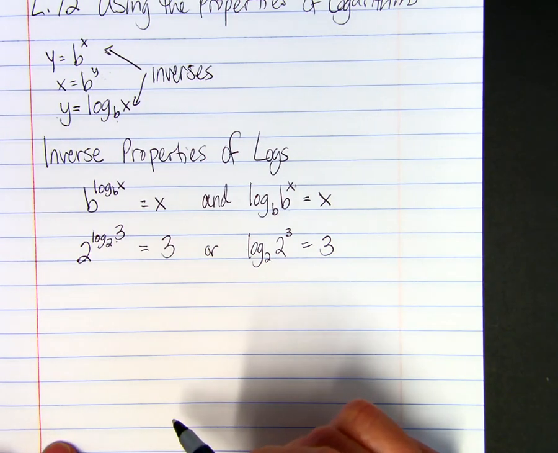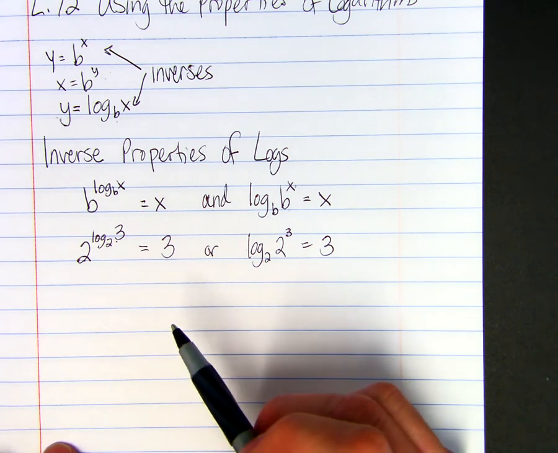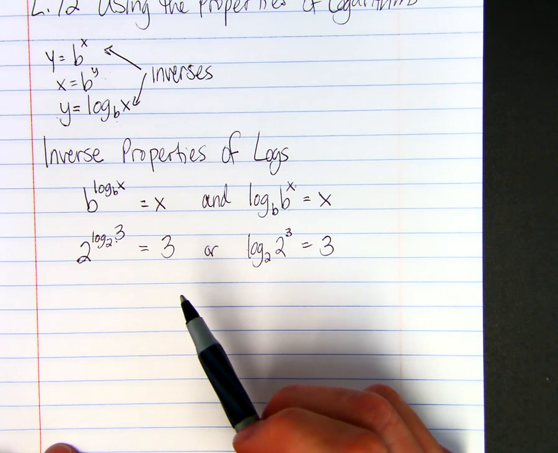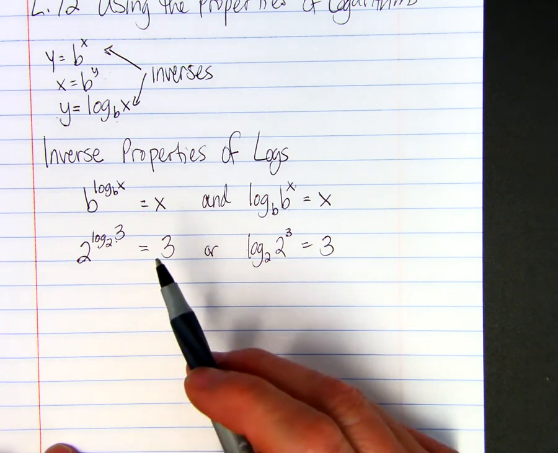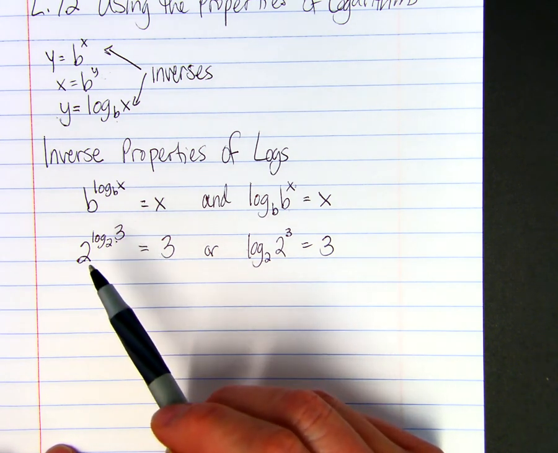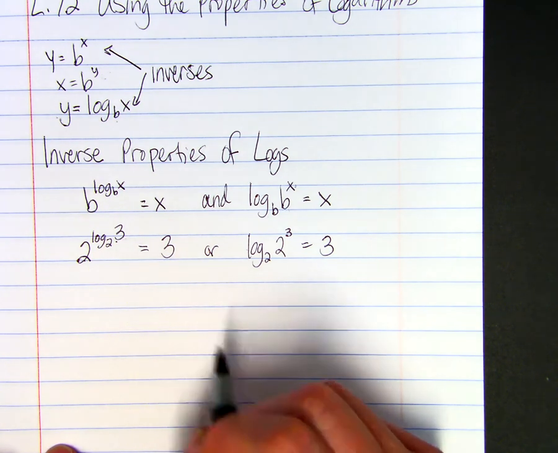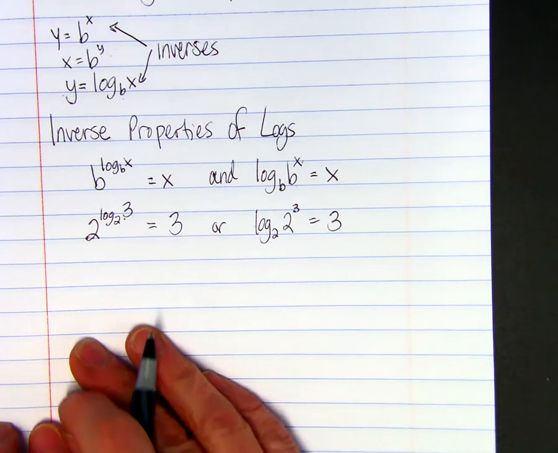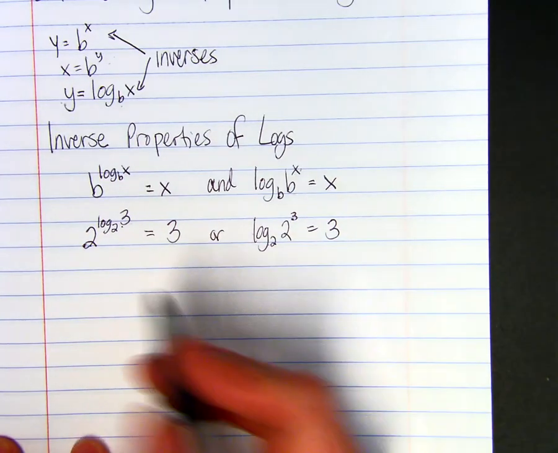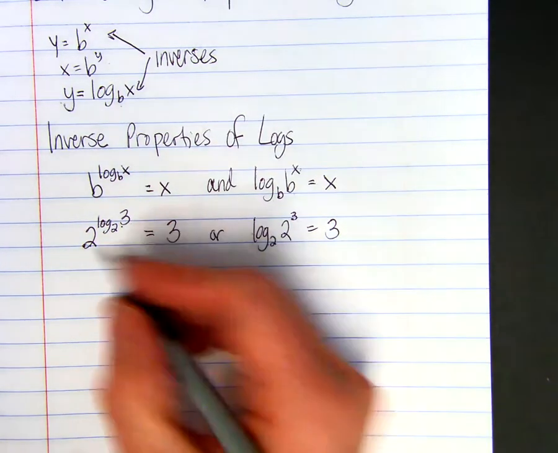Yes, Tim? So 2 and log base 2 are opposites. No. They're inverses. No. You're confusing me now. I'm confused though. Okay. So 2 to the log base 2 of 3. Here, let me give you an example, Tan.